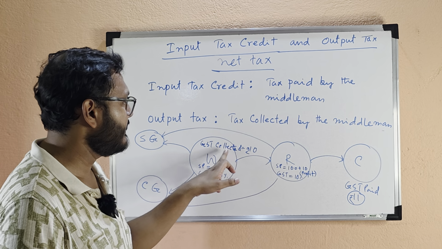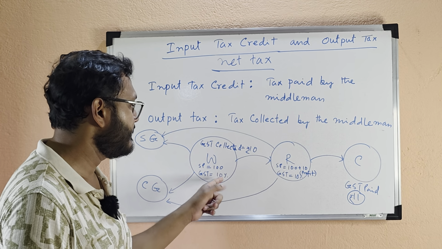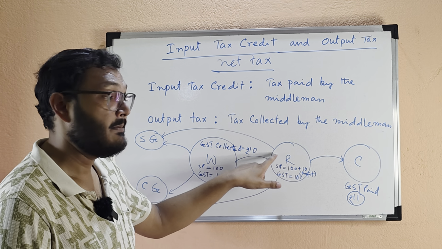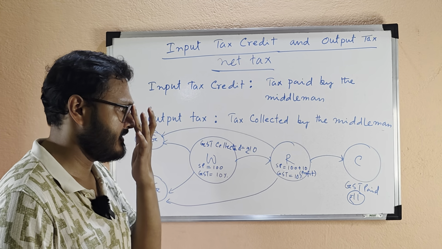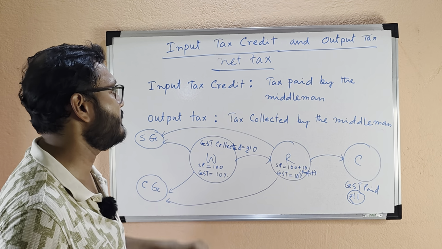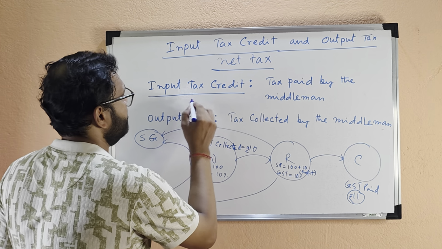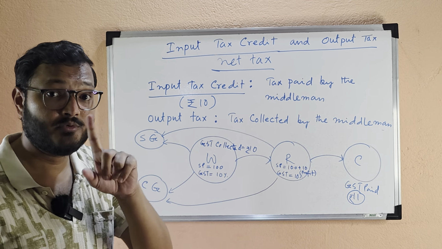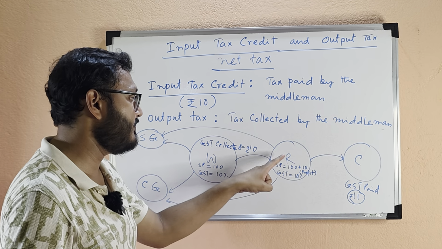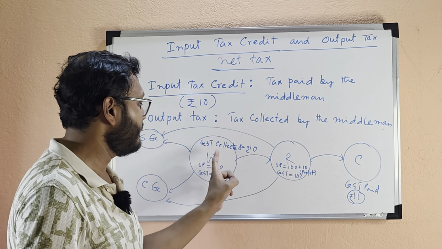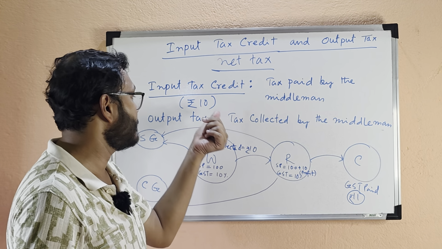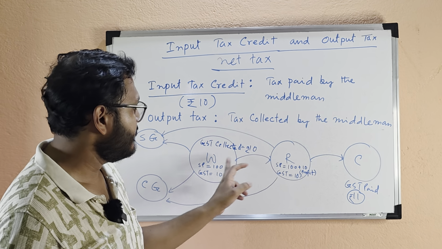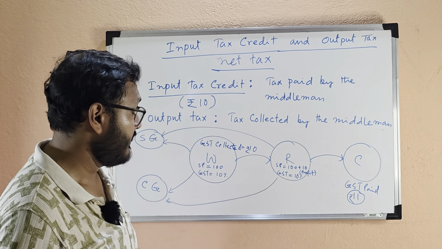GST collected by the wholesaler is 10 rupees. That means 10 rupees the retailer paid as GST, and this is called input tax credit. How much he paid at the time of purchase from the wholesaler, that GST is called the input tax credit.